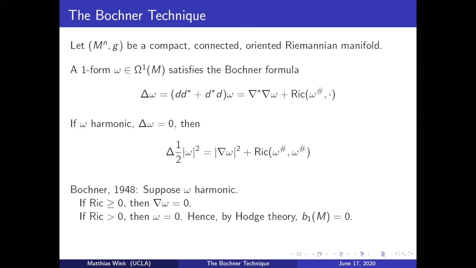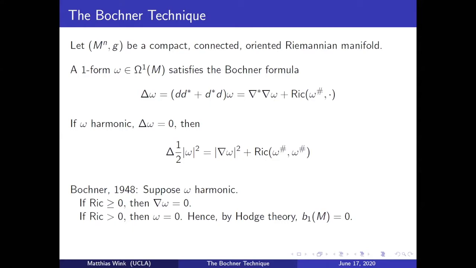So let's start with the classical Bochner technique. Let's pick a one form omega, and we can apply the Laplace operator to it. We consider the Hodge Laplacian first, dd star plus d star d.